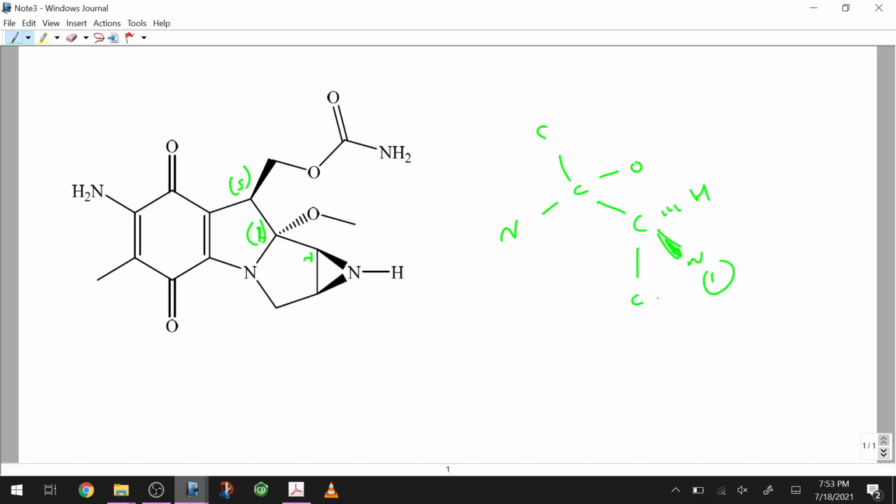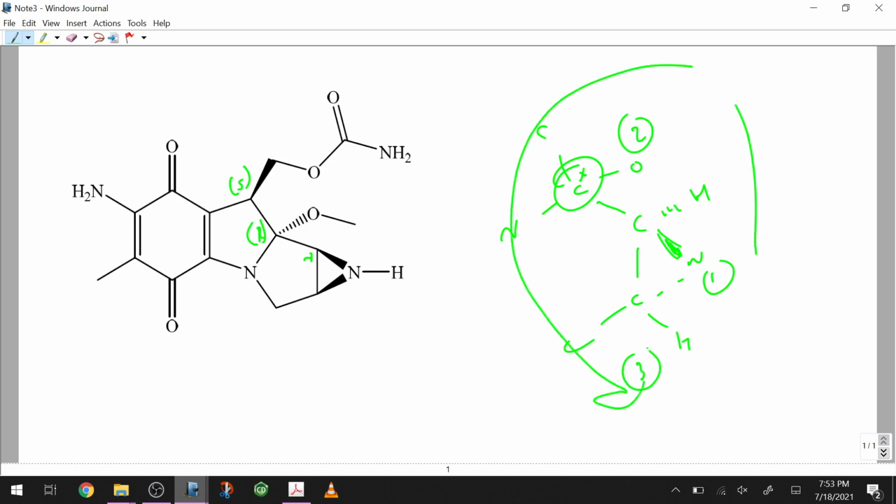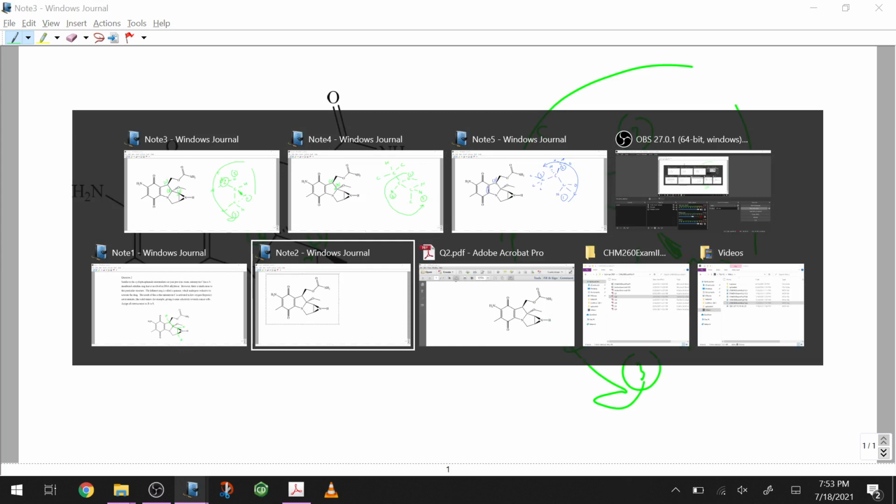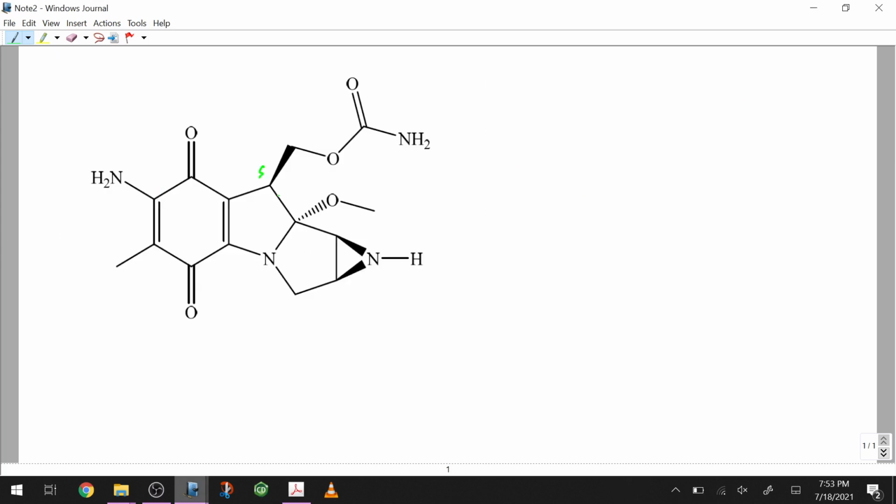Now my other carbon here has a bond to nitrogen. It's the same nitrogen, but I still have to count it for prioritizing. It has a hydrogen, and then that's another carbon. But the carbon above, this one, has an oxygen, which is going to take priority over this carbon's nitrogen. So that's going to be priority 2. This is going to be priority 3. This is S. So we have so far S, R, S.